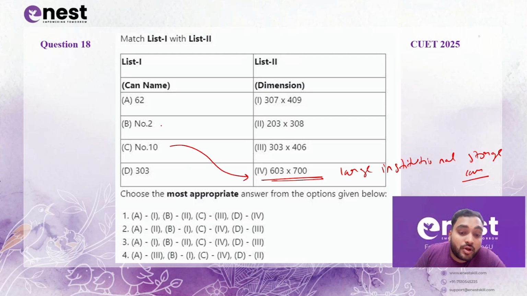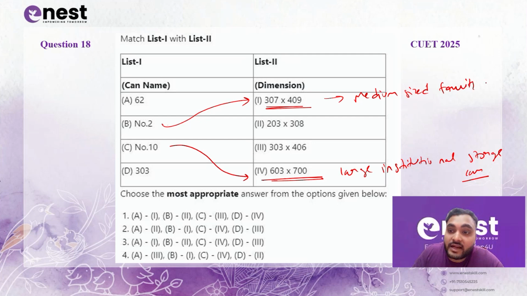Then we go to number 2. Number 2 can is 307 into 409. This is used for medium sized fruits and vegetables.